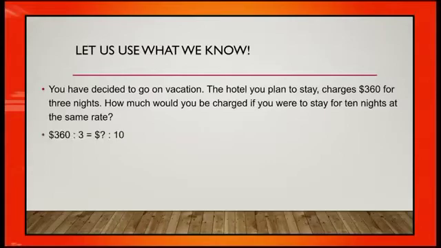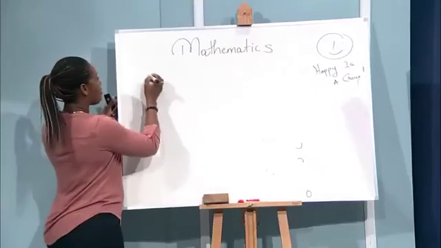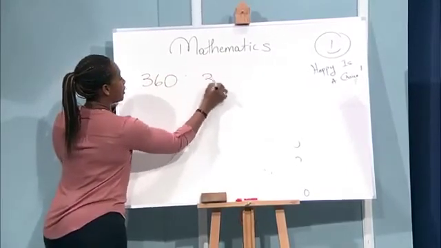But what you can try to do is figure out how much it costs for 1 night. Now, how do you do that? You would simplify, and I should have changed those figures. So let's go to the board. So you have 360 for 3 nights.